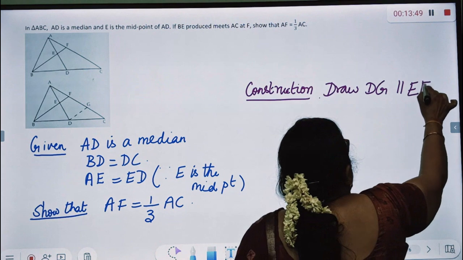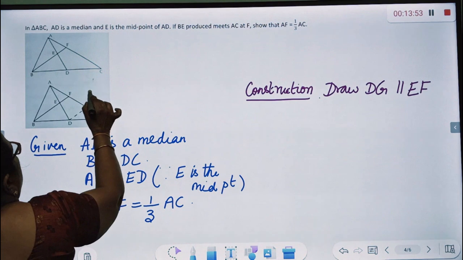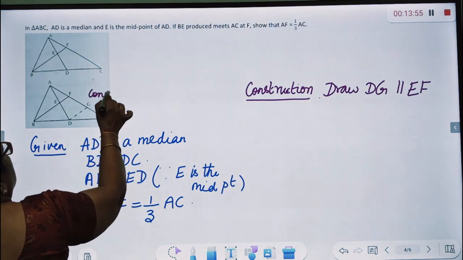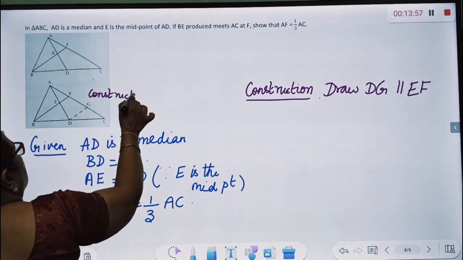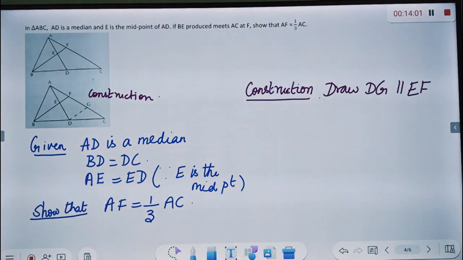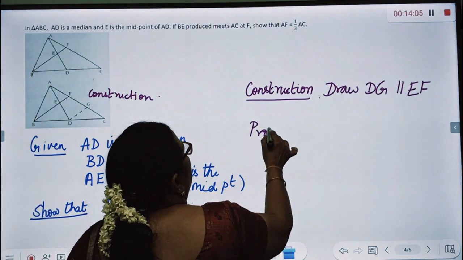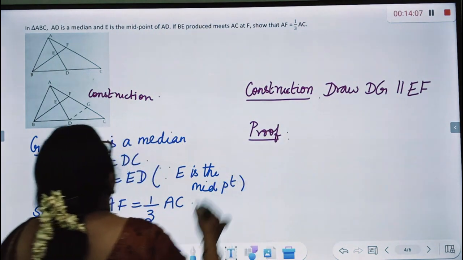So this is a construction I am making. This is what is given in the problem. This is a construction. Draw DG parallel to EF. Now we have to prove AF is equal to 1/3 of AC.